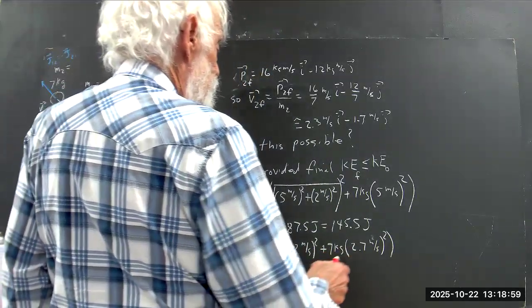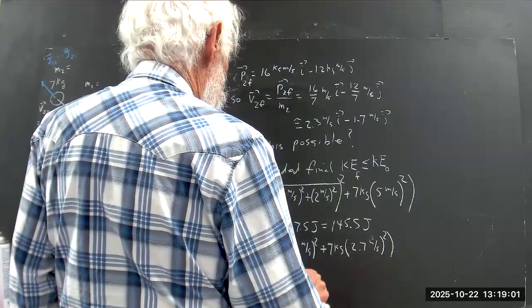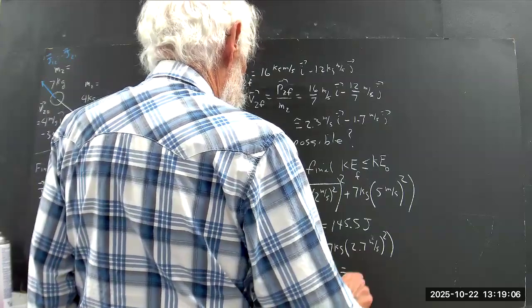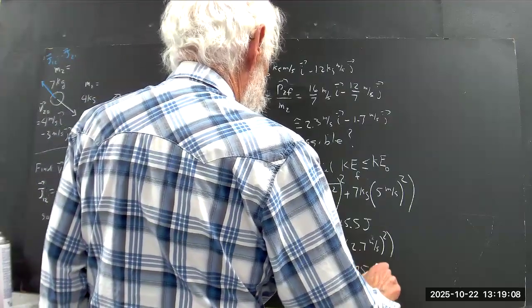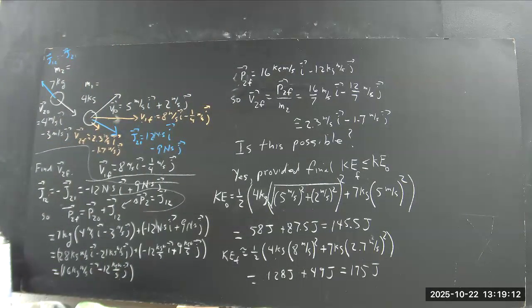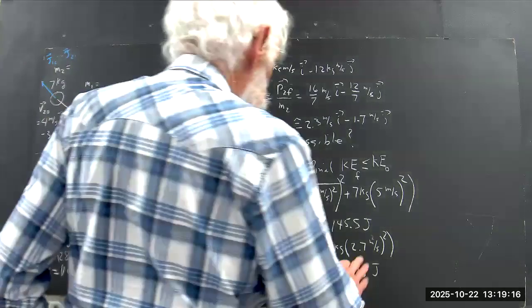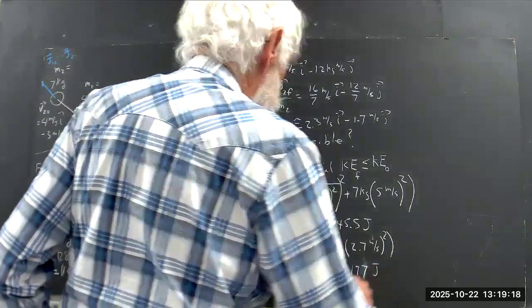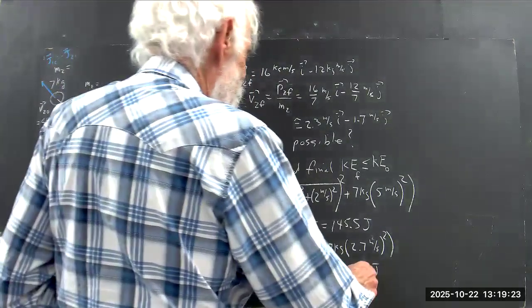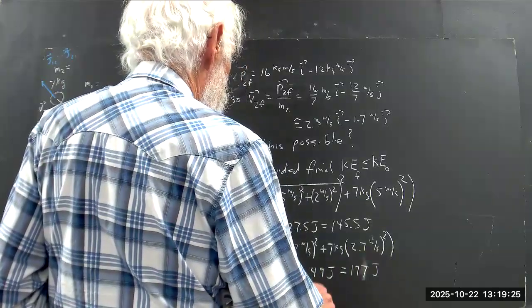Square 7, going to get about 7. And you're going to get 175 joules. 177 joules. Okay, calculation aside, the point is that this is not possible.